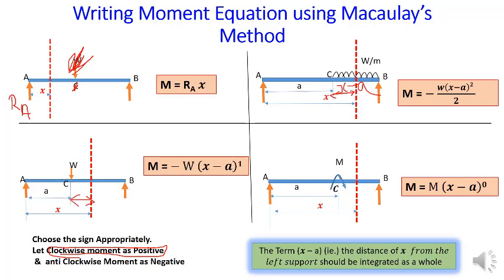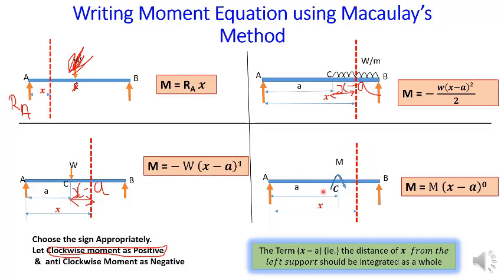So this is X minus A. So M equal to minus W into X minus A. W into X, instead of X, X minus A whole power 1. If it is a UDL, it means X square by 2. If it is a point load, it means X minus A divided, X minus A whole power 1.